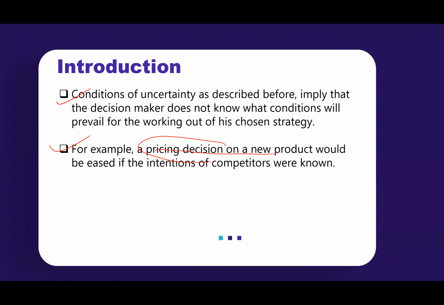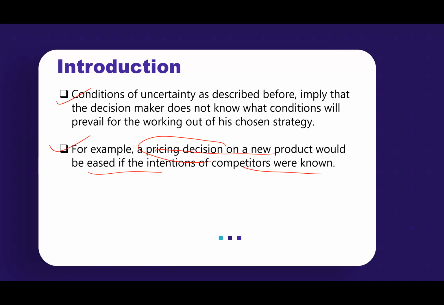So a pricing decision of a new product would be easy if the intentions of competitors were known. Of course, the minute they see you succeeding, they are going to do the very same thing that you are doing. They're going to produce the same product.